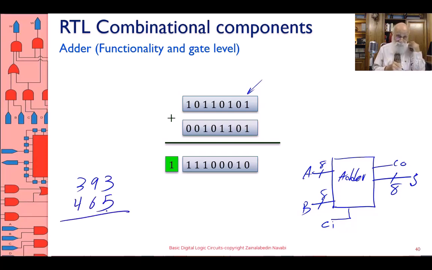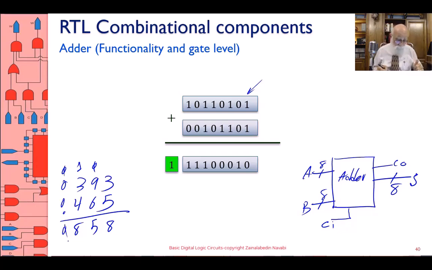You add 3 and 5, 8, carry 0. You add 9 and 6 becomes 15 with the carry 0. That's 15, carry 1. You add the 3, 4, and a carry 1. That's 8. And then you have a carry 0 in the next position. And then the next position is 0.